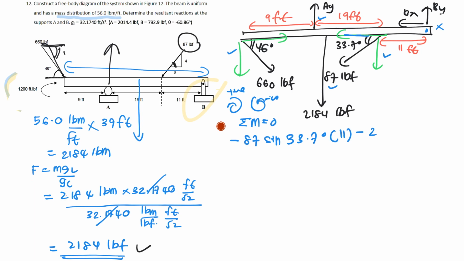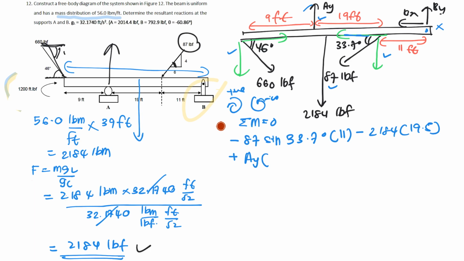So 2184 is multiplied with the level arm at the center. At the center is what? 19 plus 11 plus 9, divided by 2, so you get 19.5. For AY, clockwise or anti-clockwise? Yes, very good, clockwise, so it is positive AY.